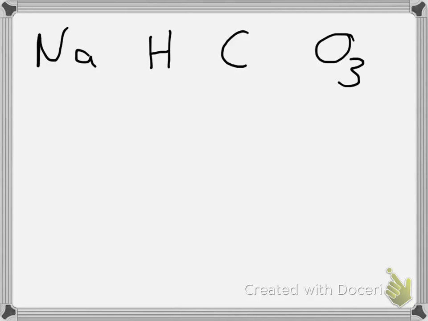I can look at my periodic table, and I remember that I get the atomic number and the mass number of each of my elements. The mass number is the bigger of those numbers.